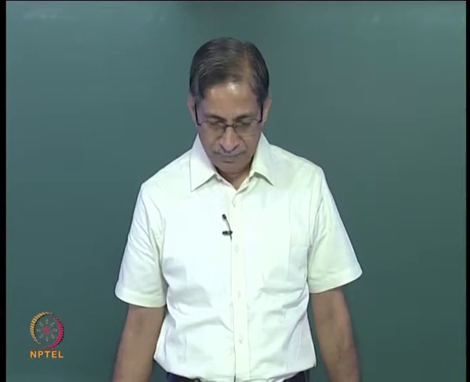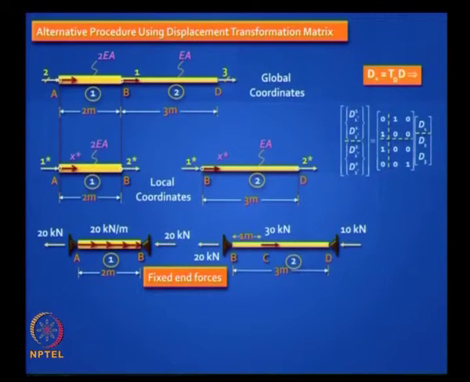Your next job, you have got TD1, TD2 put together in one box, is to get your fixed end forces. Now in this method, we have done this calculation, remember? Can I assume that we accept the fixed end forces as shown here? We did it in the last class, remember we had a long discussion.